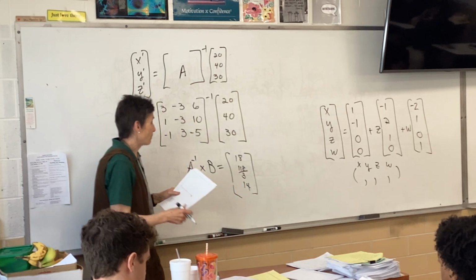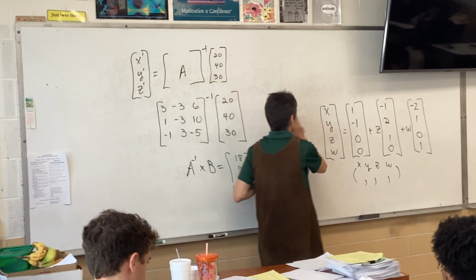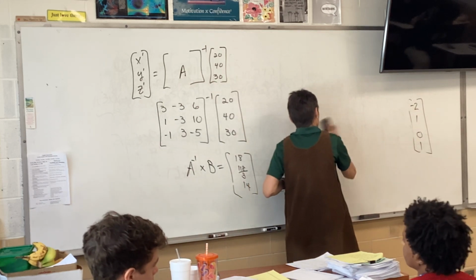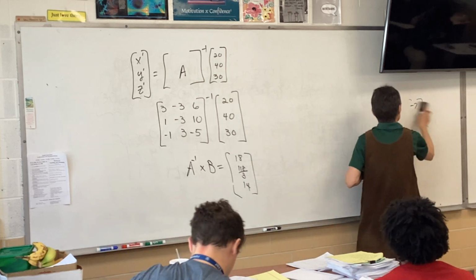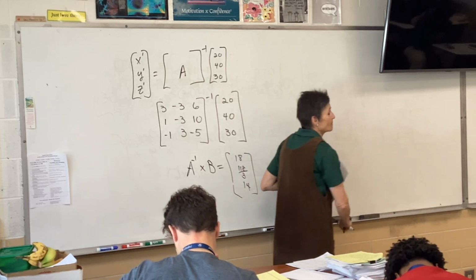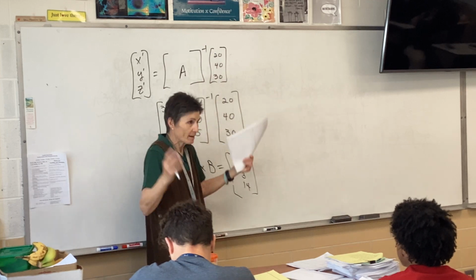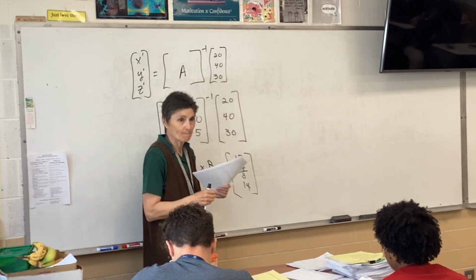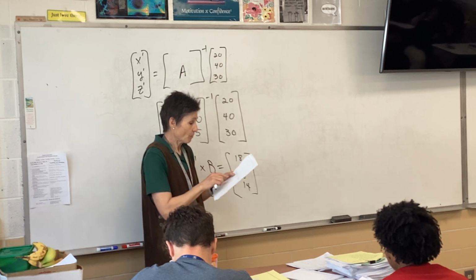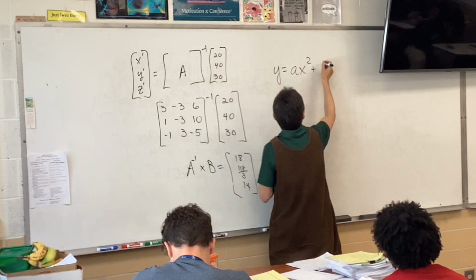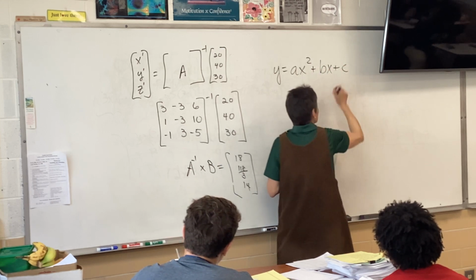All right, number 8, we've got to at least get this set up before we go to lunch. Number 8. We know that it takes 2 points to write the equation of a line. Well, we are writing the equation of a parabola, a quadratic.